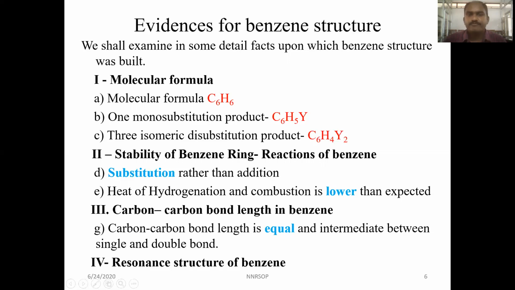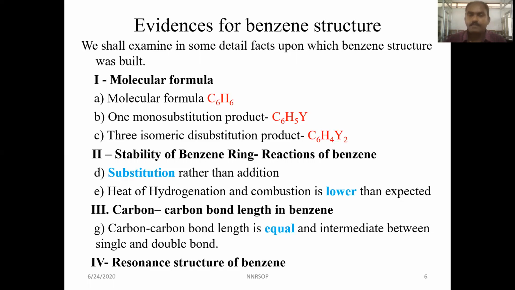Benzene always forms a mono-substituted product, and benzene will give three isomeric compounds when it undergoes disubstitution. Benzene will undergo substitution reaction rather than addition reaction. Heat of hydrogenation is lower than expected.